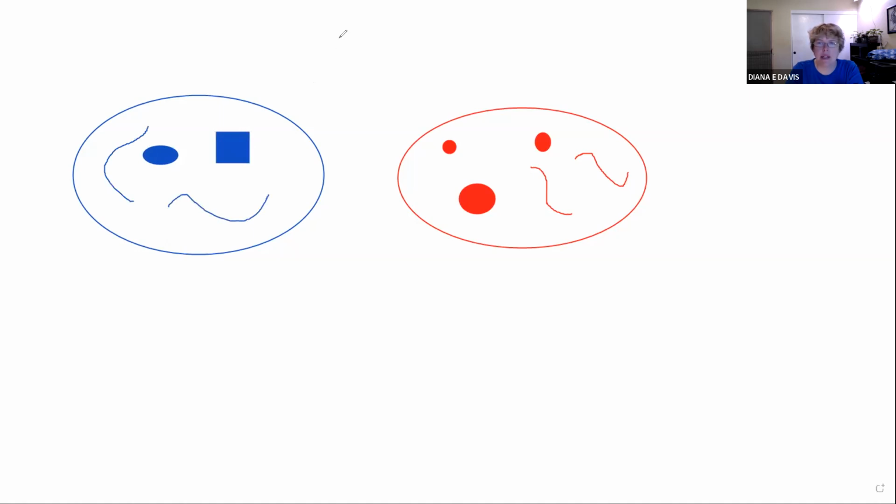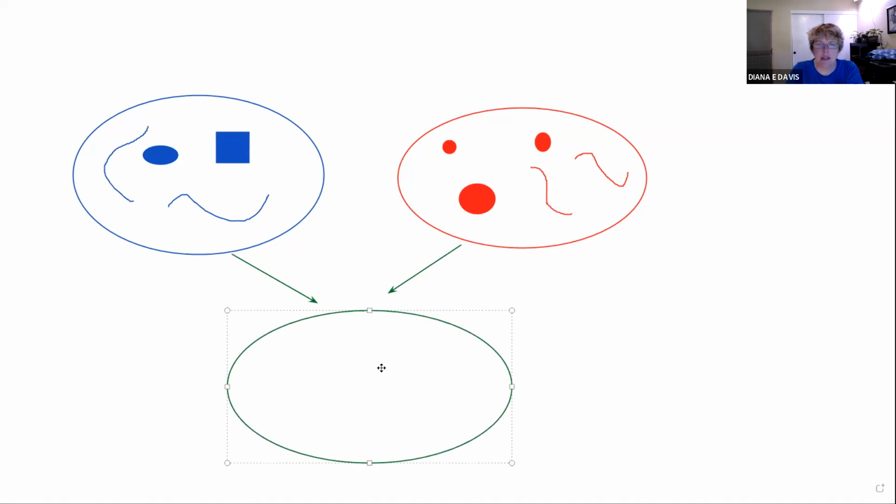If both of these infect a pig, the pig can make new viruses that have some genes from this version and some genes from this version of the flu.